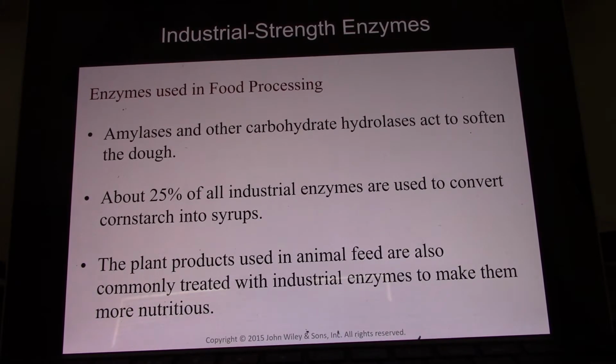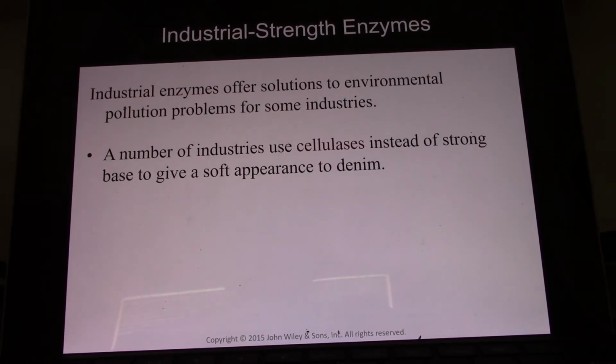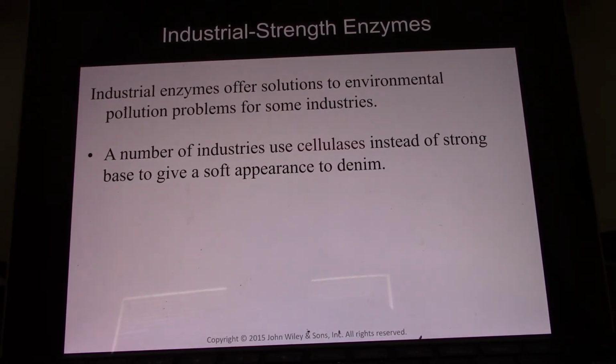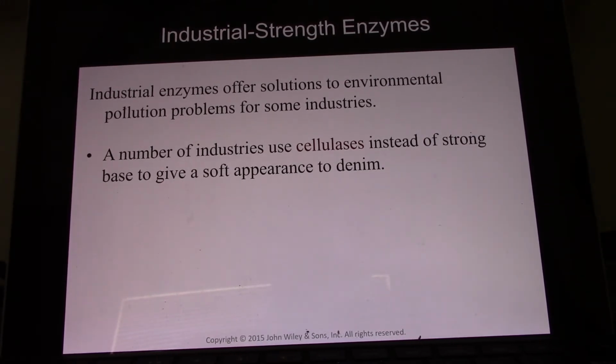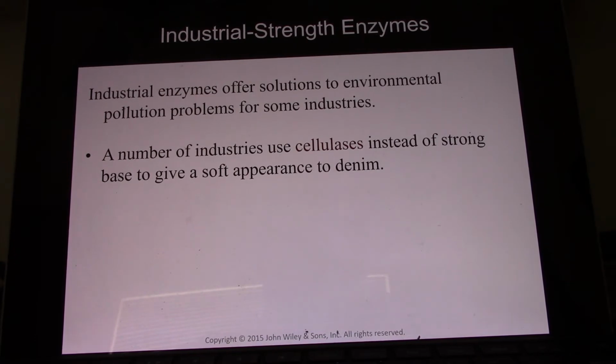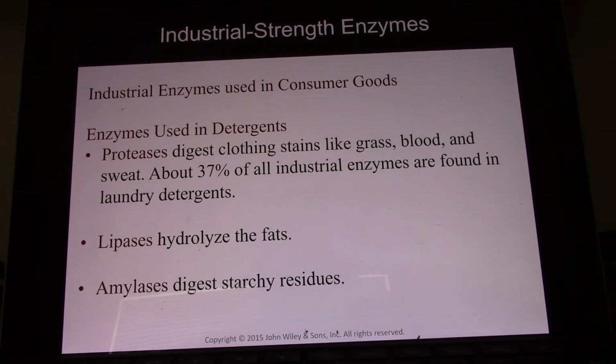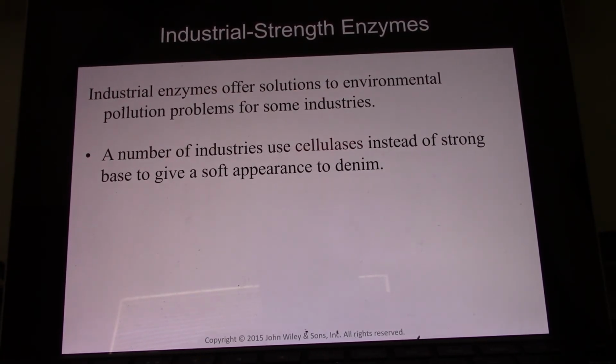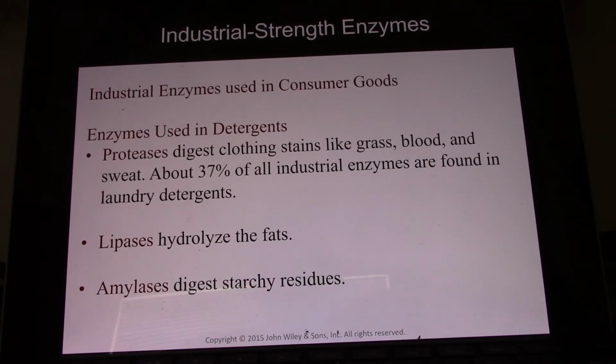The plant products used in animal feed are also commonly treated with industrial enzymes to make them more nutritious. And industrial enzymes offer solutions to environmental pollution. A number of industries use cellulases instead of strong bases to give a soft appearance to denim. Jeans are actually treated with these enzymes to fade them because people like how it looks.